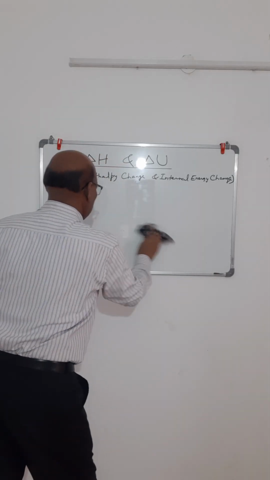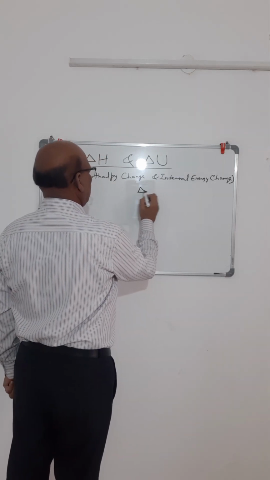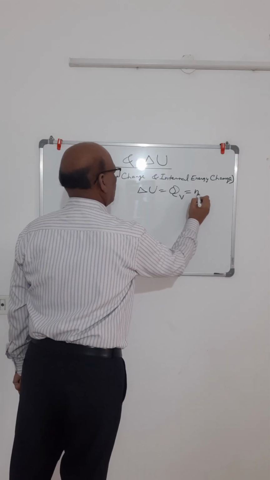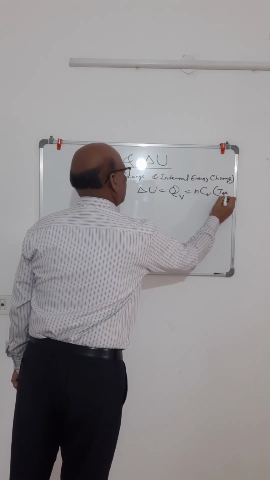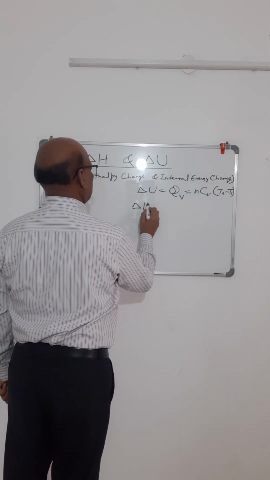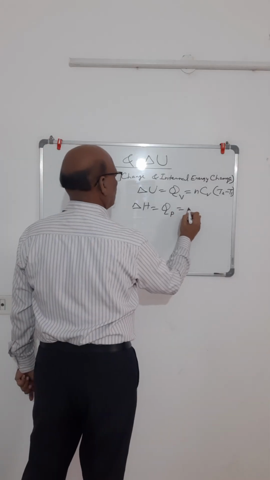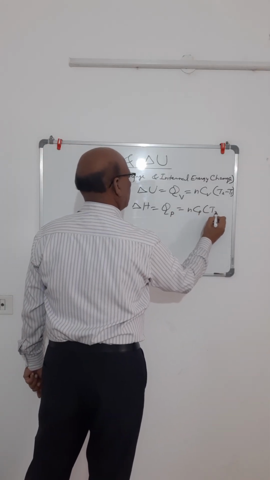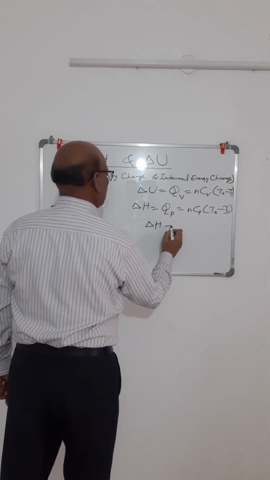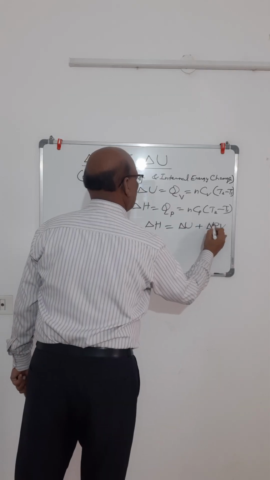So we can summarize the formulas so far. Delta U is equal to heat exchange at constant volume, equal to nCV (T2 minus T1), and delta H equal to heat exchange at constant pressure, equal to nCP (T2 minus T1), and delta H equal to delta U plus delta PV.